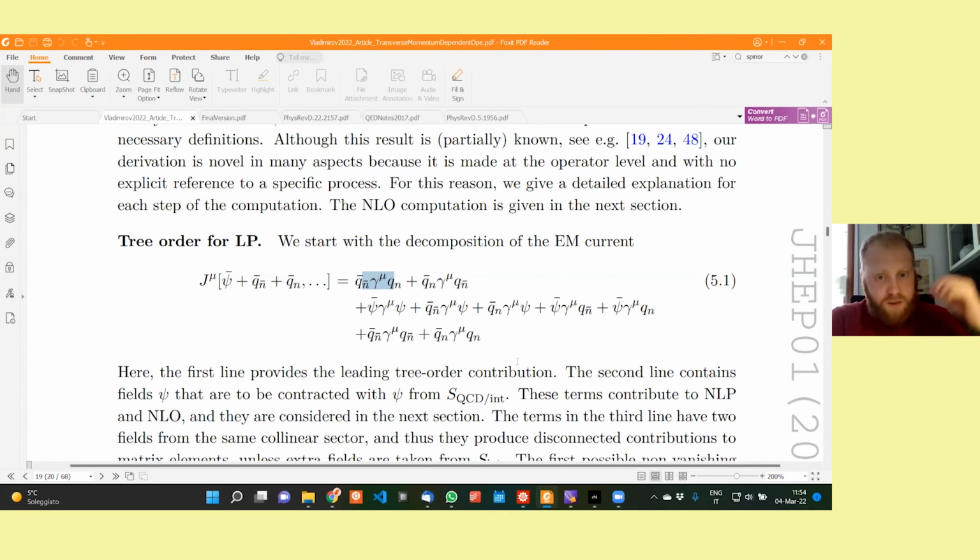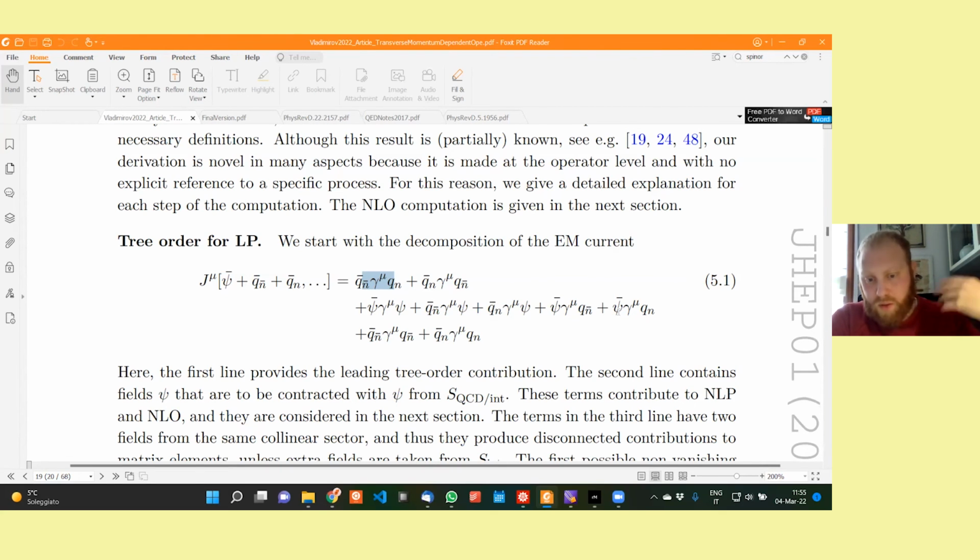So what you can do now is classify these. Which one appears at leading twist, so which one is the base case, and which one appears at higher orders or higher powers of suppression. In the language of collinear parton distributions, you would call these higher twist contributions. So the first row is the leading part, which contains one n field and one n bar field.